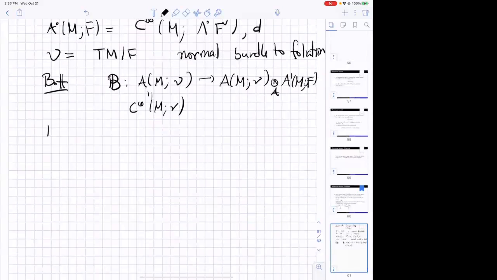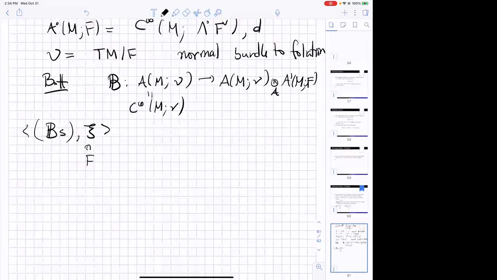And it's just given by the standard form that B of a section, paired with a C. So here C is in F, is a section of F. Okay, so a one form, A1 of M comma F, are things that pair with elements, sections of F. And by definition, this is, you take pi of C twiddle S, where here C twiddle is a lift of C to TM.